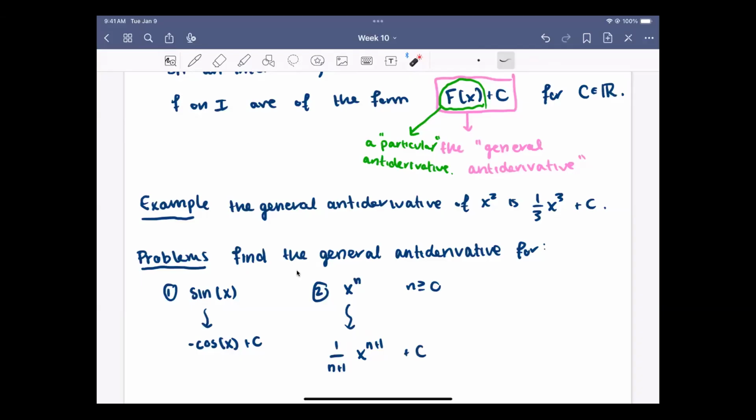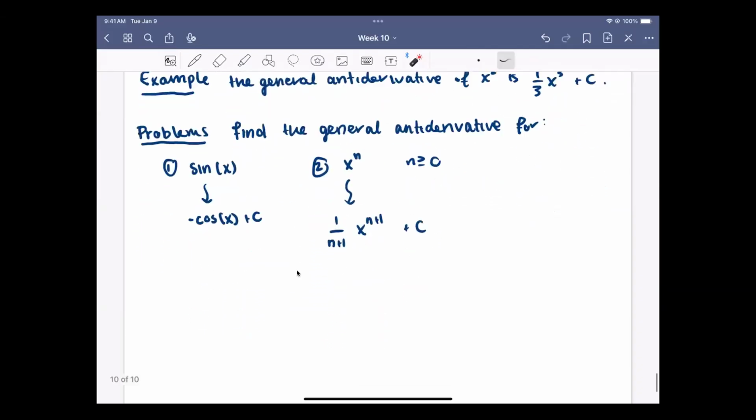So let me write down some antiderivative formulas that come from reversing the derivative formulas that we have. Basically this is just going to be derivative formulas in reverse, and they give you an antiderivative formula.